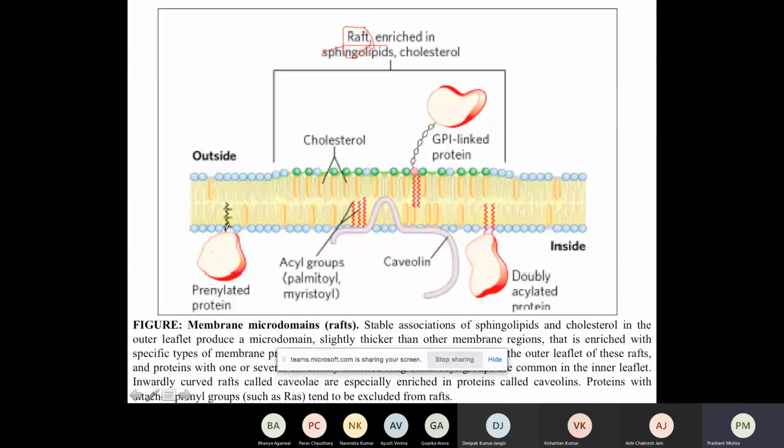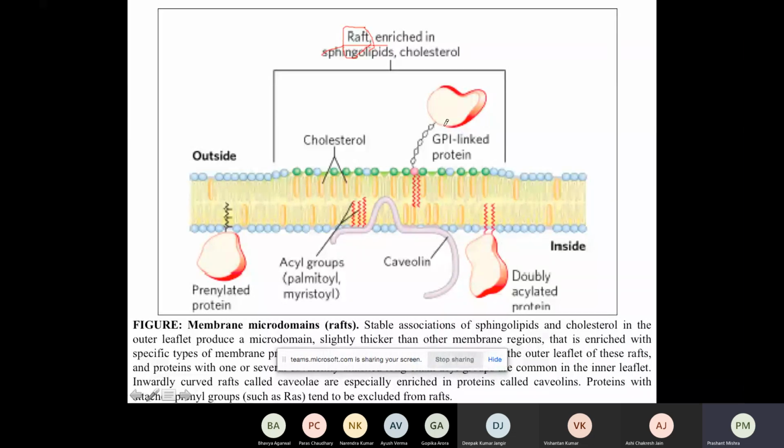So these are the examples. Say prenylated proteins, they are interacting with the membrane. It is covalently bound. This caveolin is again bound by acyl groups like palmitoyl group or myristoyl group. Or here, doubly acylated protein, so two acylated groups are binding. This way, the membrane proteins are attached with the membrane by covalent interaction.